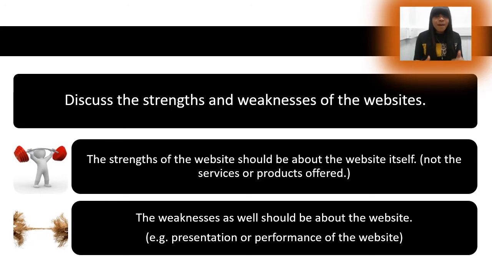So it needs to be about the website. So for example, the website layout or the aesthetics, the links on the website, whether they work or not. Were they an effective feature that made it a strength, or were they not, which made it a weakness? So let's get on to the next section.